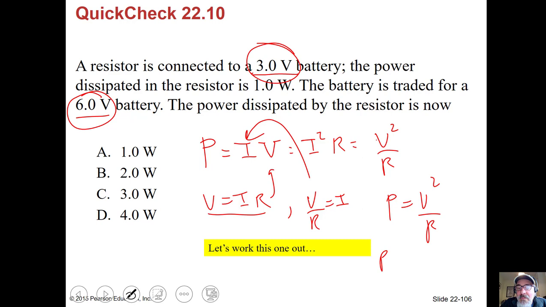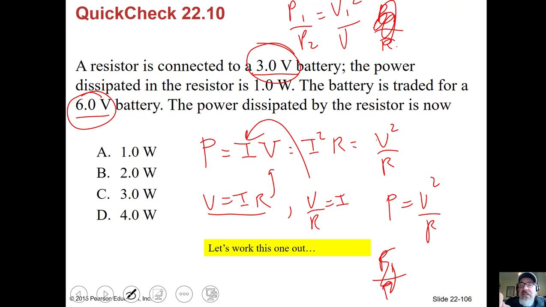So power 1 watt over power, we don't know, watts. Maybe I'll do it like this instead: P1 over P2 is equal to V1 squared over V2 squared.